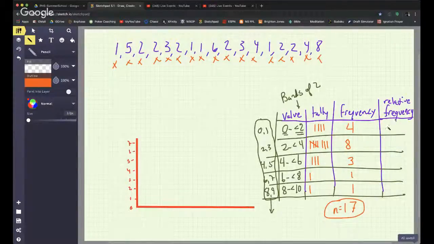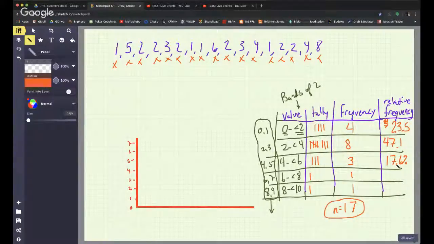And then we could go about calculating our relative frequencies over here. 4 out of 17. If we recall, 4 out of 17 was 23.5%. Let's see, 8 divided by 17 is 47.1%. 3 over 17 is 17.6%.